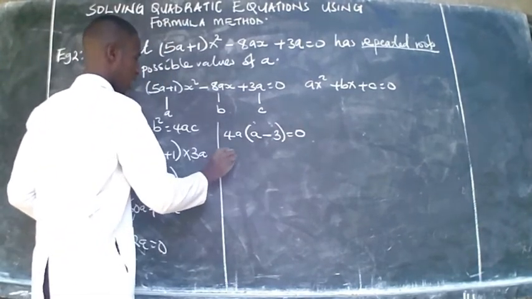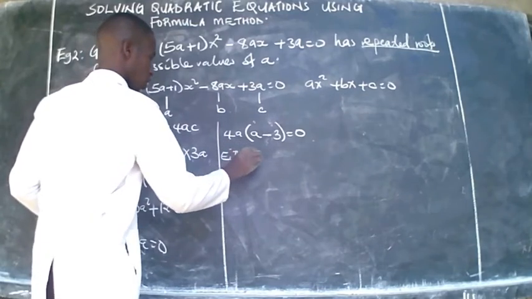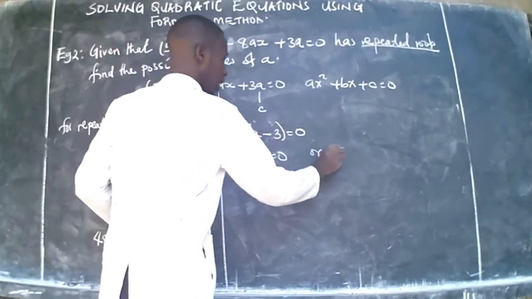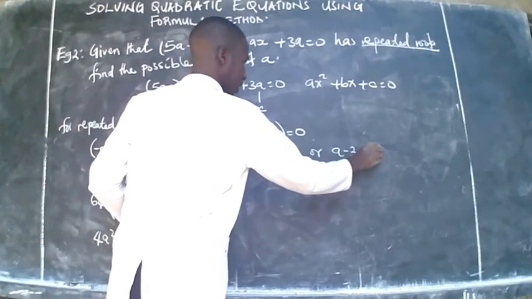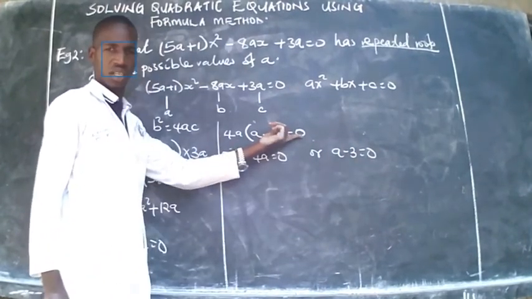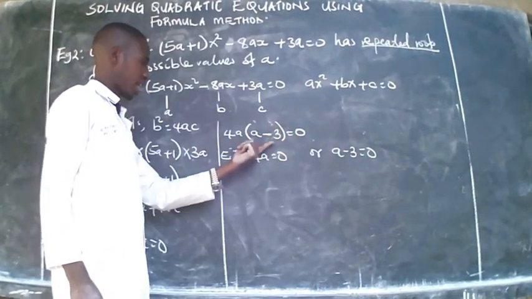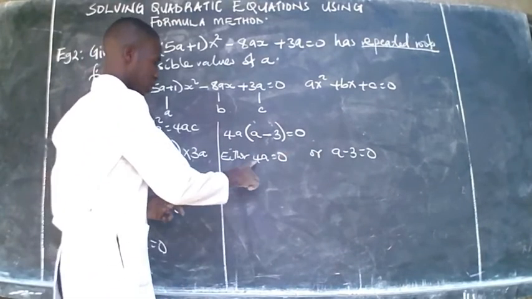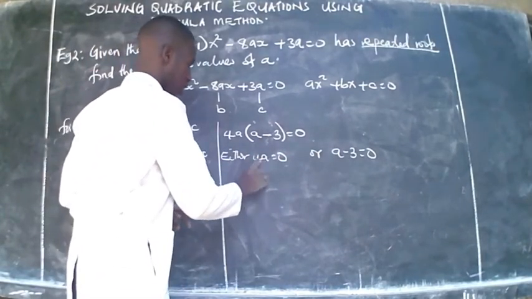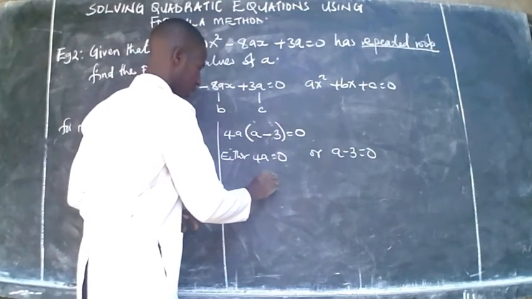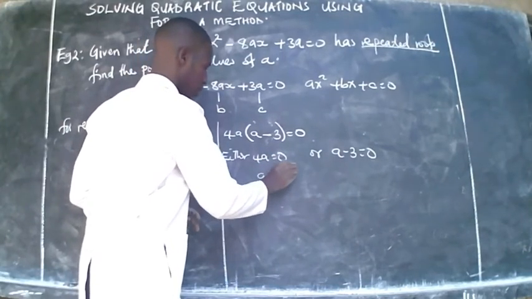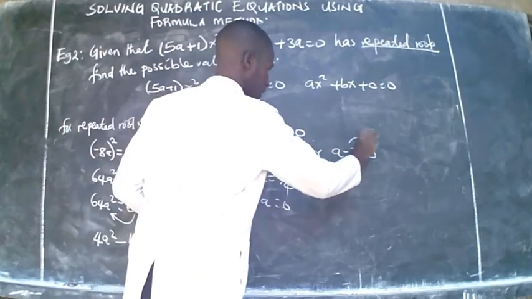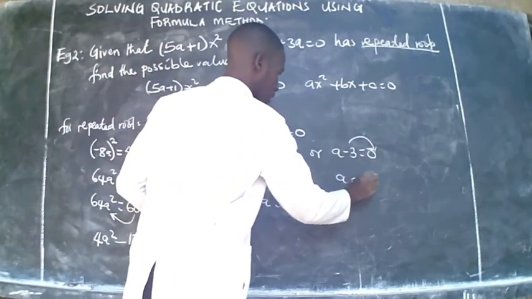So I say either 4a equals 0 or a minus 3 equals 0. Either the first one equals 0 or the second bracket equals 0. Then from there we divide all through, for this case, by 4. a equals 0 divided by 4, so a equals 0. Here we take this on this side so that a equals 0 plus 3.